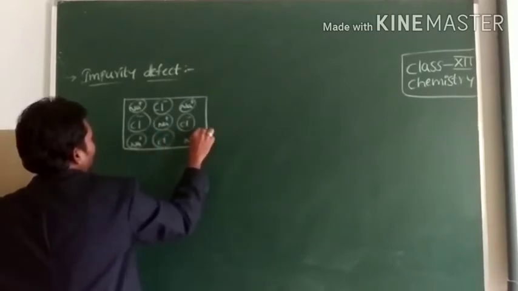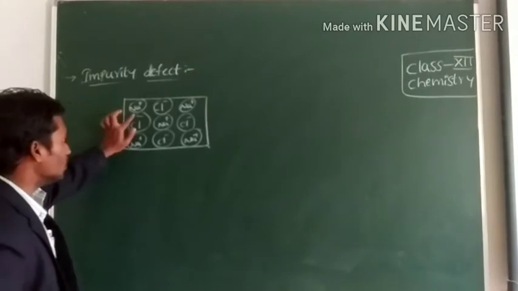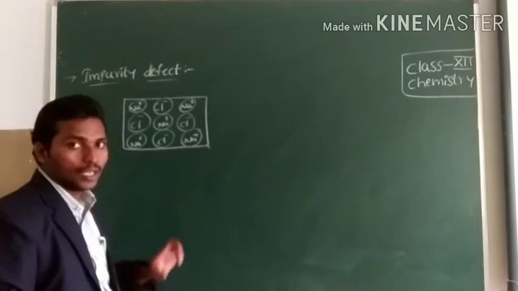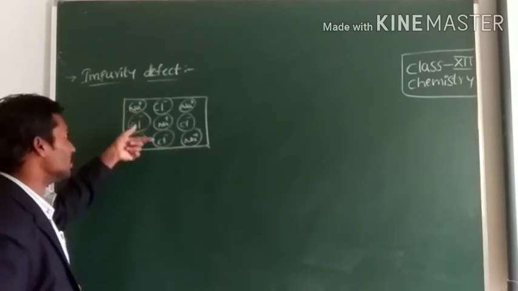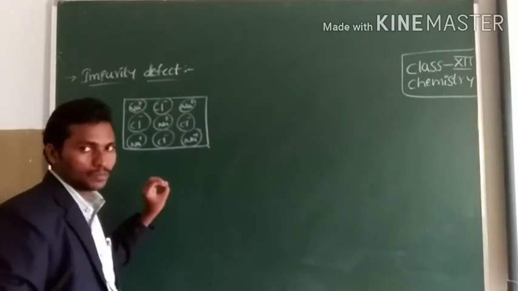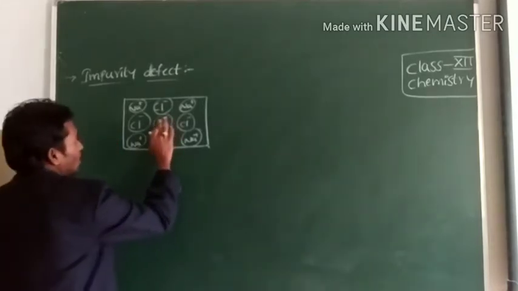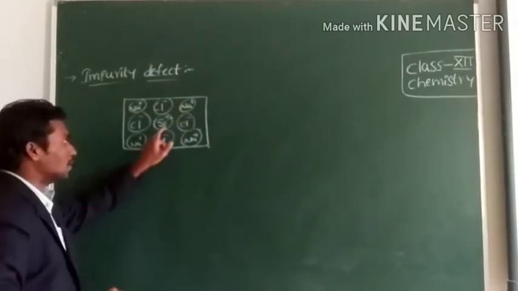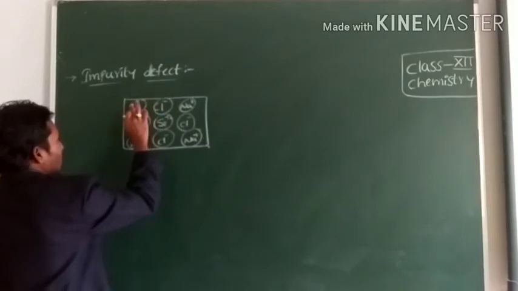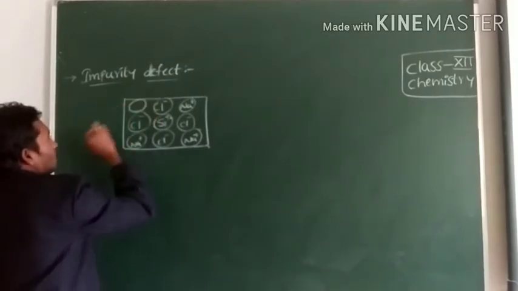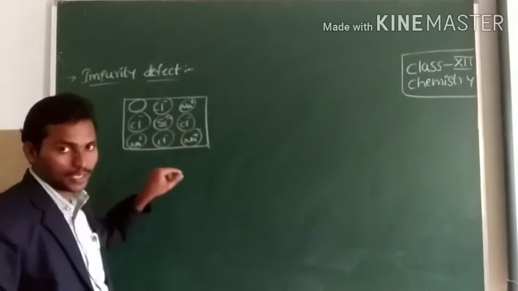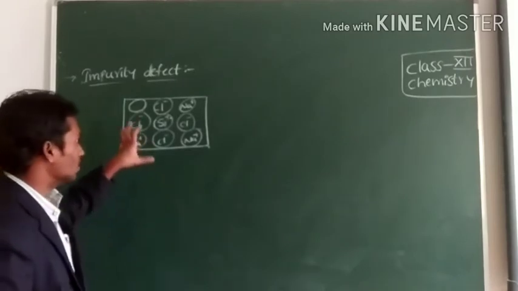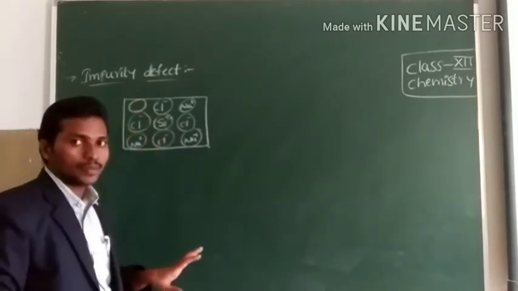Here, during crystallization of molten NaCl containing strontium chloride as impurity, the strontium ion replaces two sodium cations from their lattice sites. In that, one lattice point is occupied by the strontium ion and another lattice point is vacant. Because strontium has a valence of two, it can replace two sodium cations from the NaCl crystal. So this kind of defect is called impurity defect.